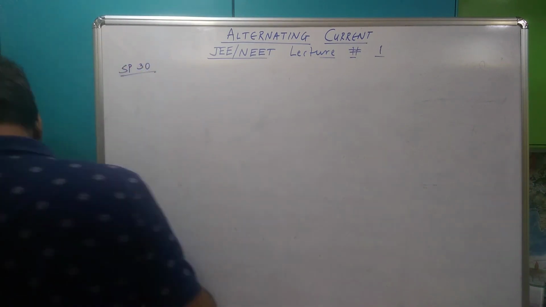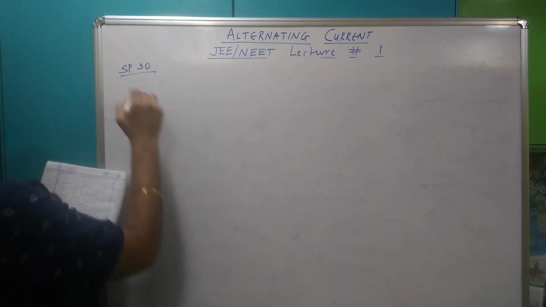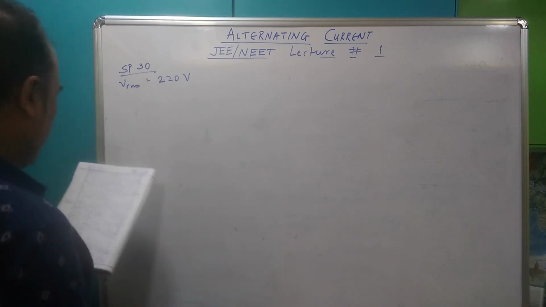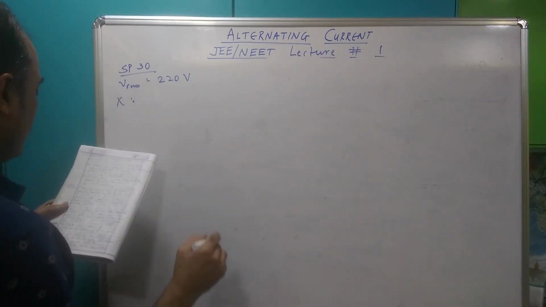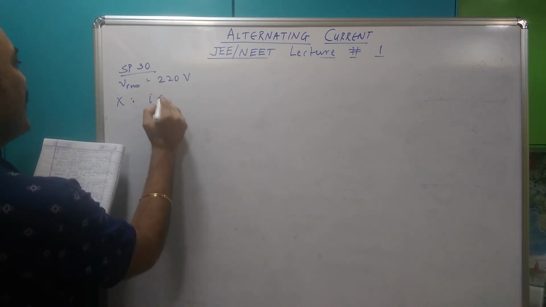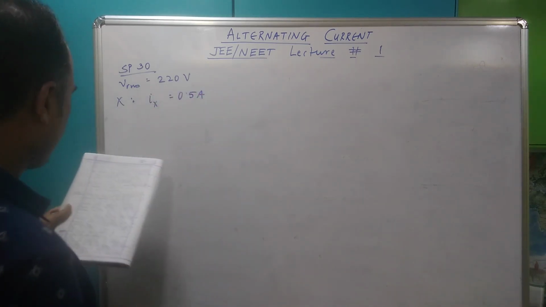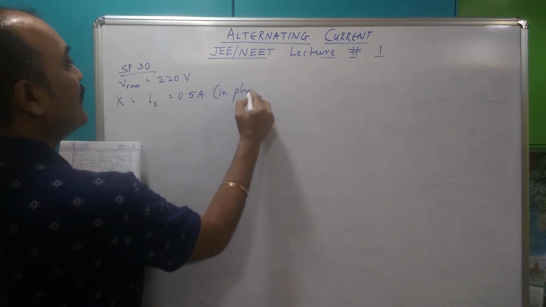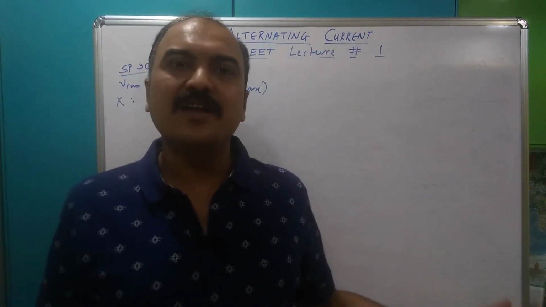SP30. Okay. What do they say? When an AC voltage of 220 volt, this is RMS, so VRMS is 220 volt, is applied across a device X, the current of 0.5 ampere, let's call it IX, flows through the circuit and is in phase. भाई whenever current and voltage are in phase, device क्या होगी?